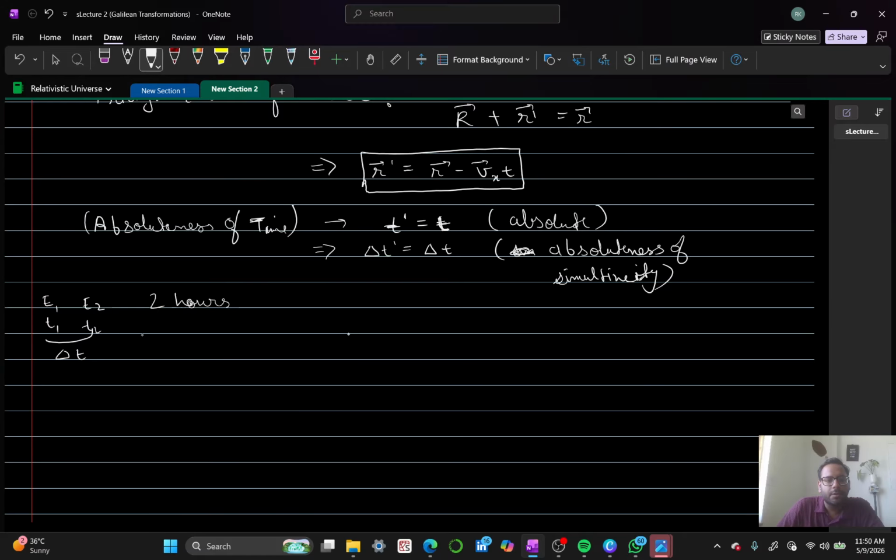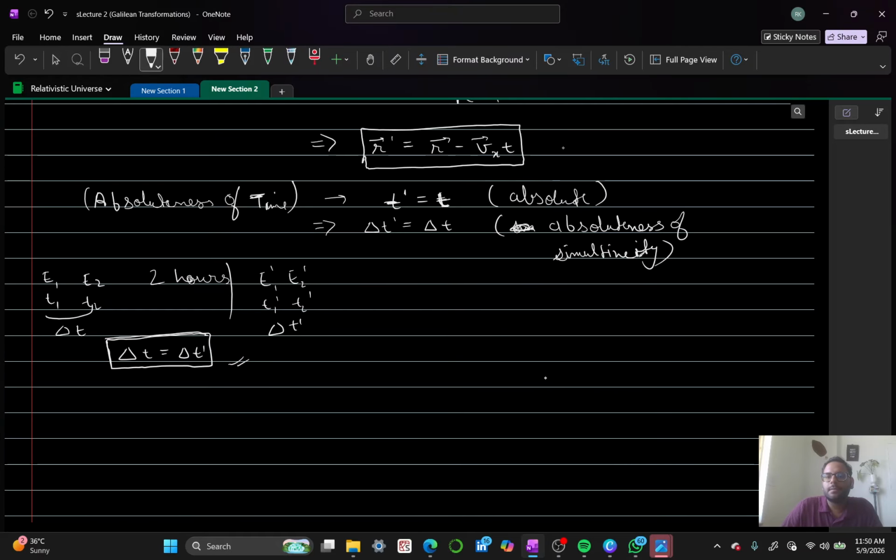In your frame and your friend's frame, it will happen at equal intervals. This is simultaneity, and it is obvious to all of us that this happens in our daily life.